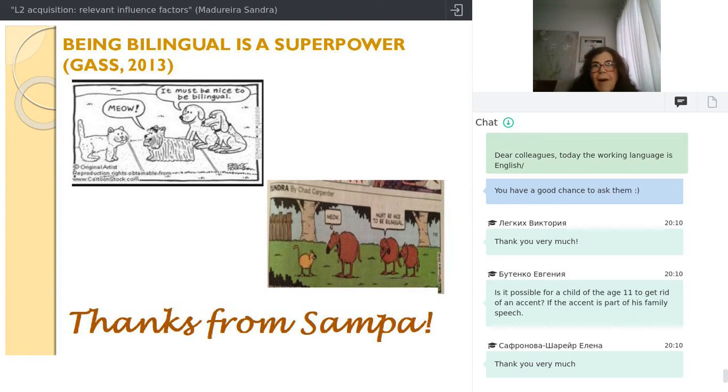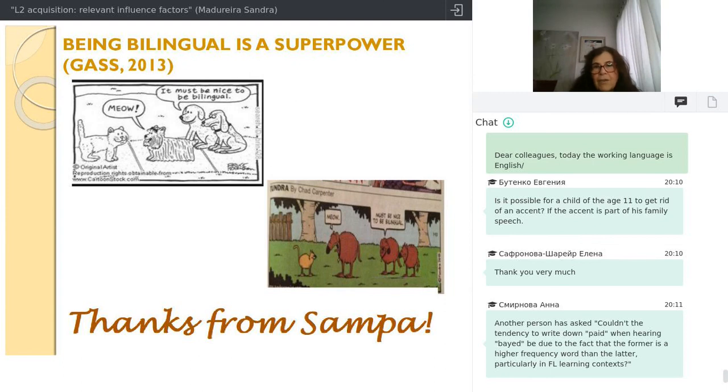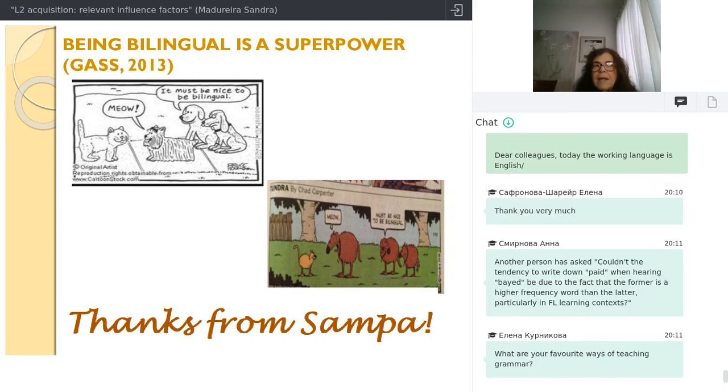Because you are going to acquire what you hear. And if you are not aware of those phonetic acoustic cues to separate the sounds, it's going to be more difficult. But if you have this formal instruction, then I think it's going to be easier, right?